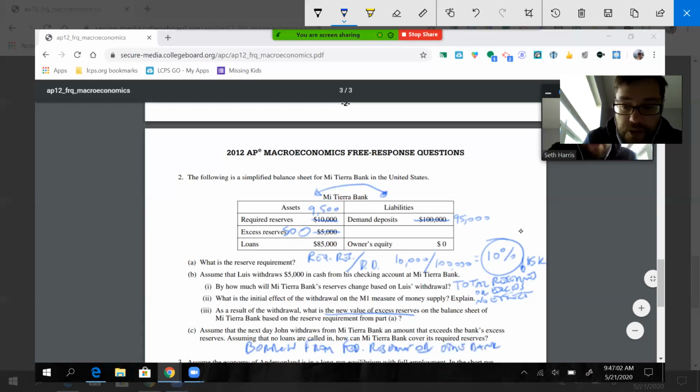Some banks might have a surplus and be willing to loan money out. Other banks that are short can go out in the market and borrow money from other banks. So just a sentence saying the bank could borrow whatever they needed on a short-term basis from the Federal Reserve or other banks.